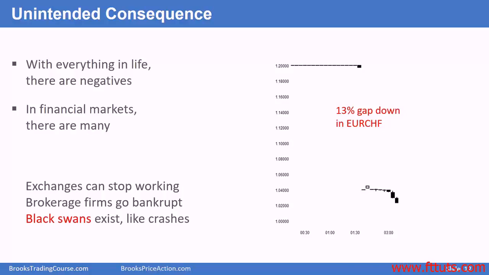And every time it happens, you call your broker and they say it's never going to happen again. And it happens. I have to say, crazy stuff like that happens less than it did 20 and 30 years ago, but stuff happens. For example, you can get a 13% drop in the euro versus the Swiss franc when a typical big day would be 1% or 0.5%.